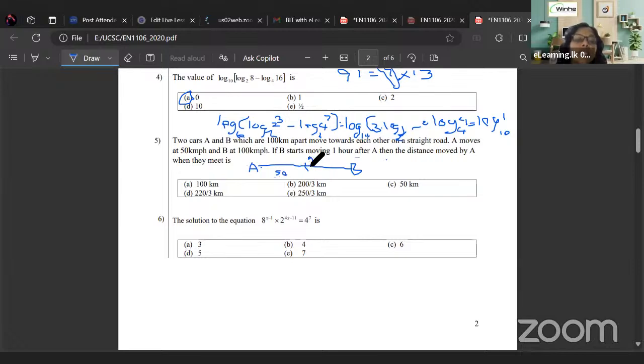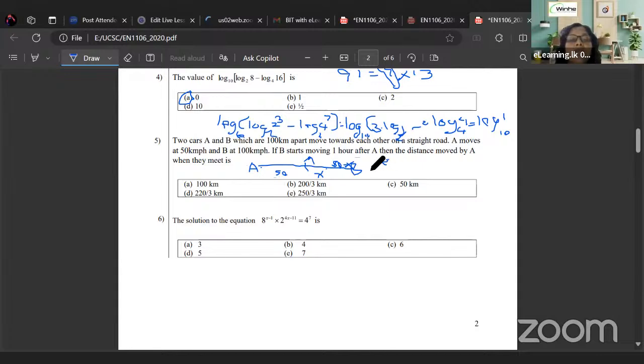You can see, since they are meeting each other, if A has gone x distance, B should come 50 minus x distance at the same time, right? The time taken to travel is the same.